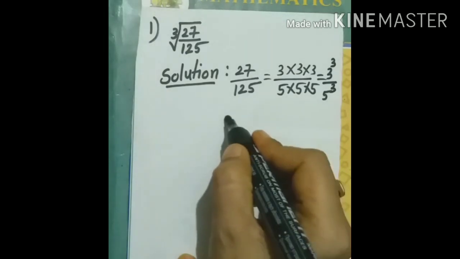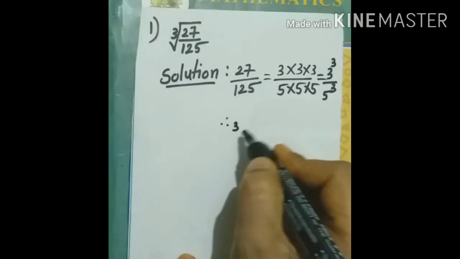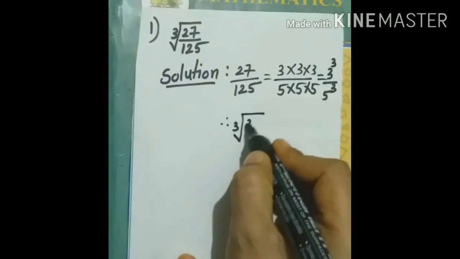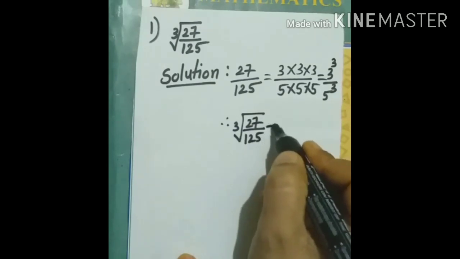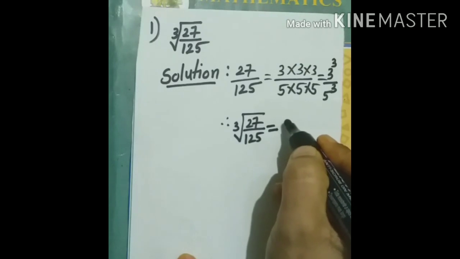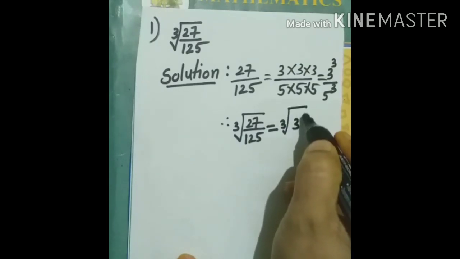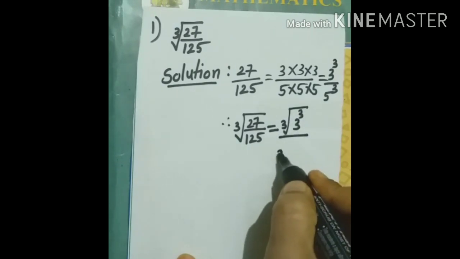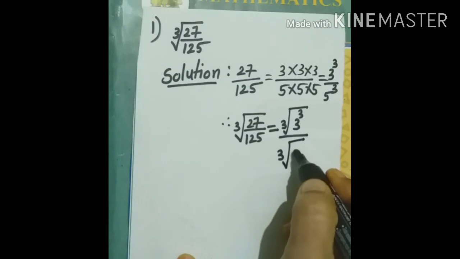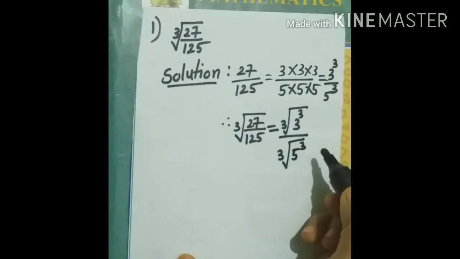Now children, therefore cube root of 27 upon 125 equal to cube root of 3 raised to 3 upon cube root of 5 raised to 3.